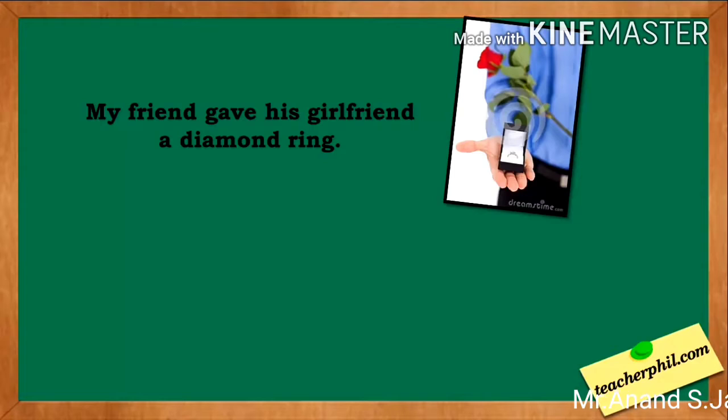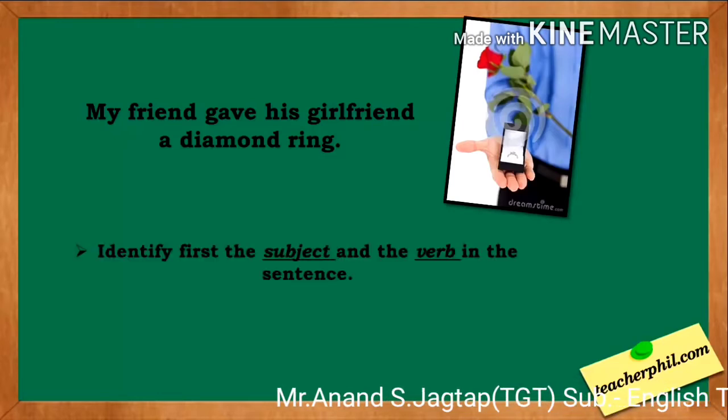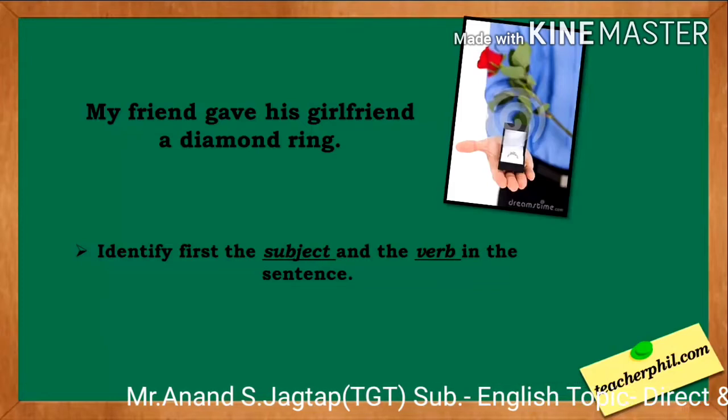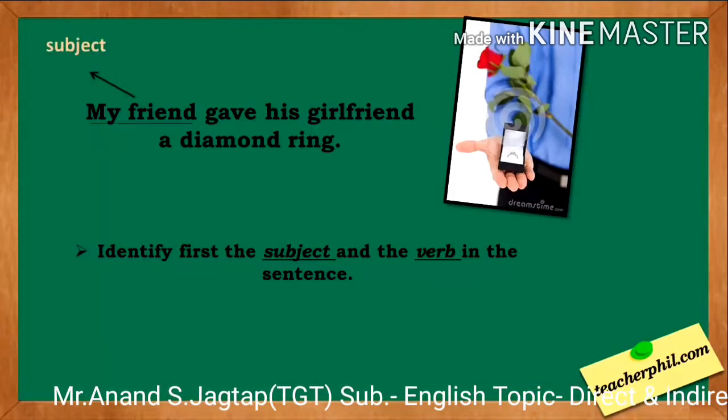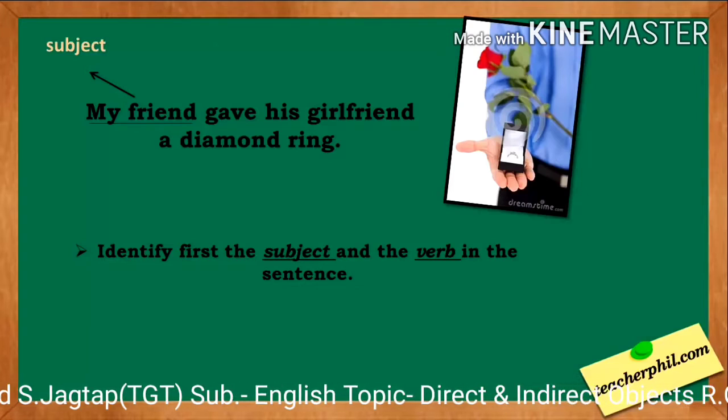Example, my friend gave his girlfriend a diamond ring. In this example, we have to identify first what? Subject and the verb. The subject is my friend and the verb is gave.